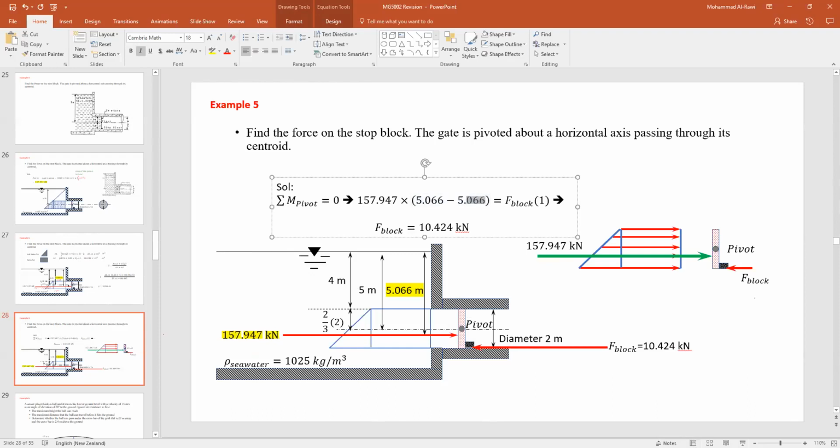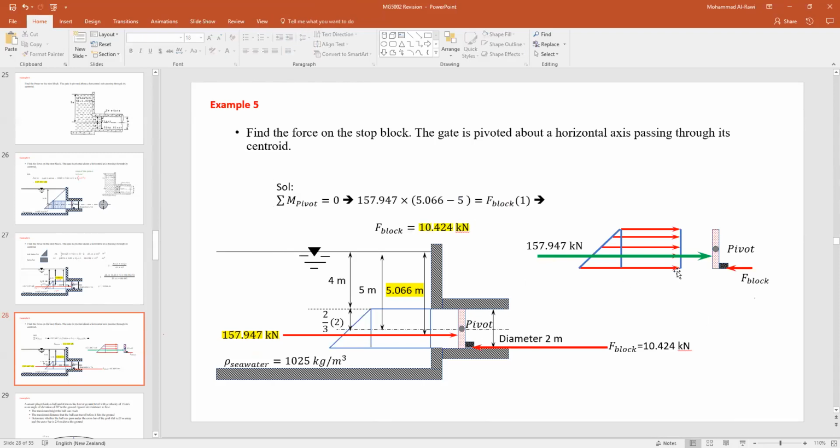You put the big number minus the small number, so you don't get negative, equals the F block times the distance to that point. So we're taking the pivot as the point, and from that to this point is the radius, which is 1 meter. You rearrange the equation and the final answer is 10.424 kilonewtons.